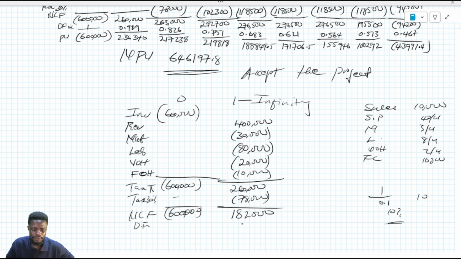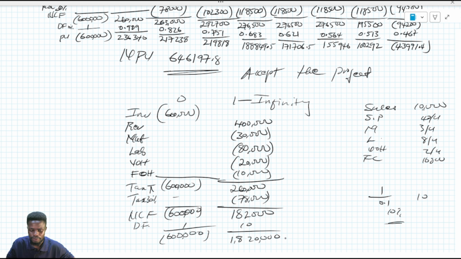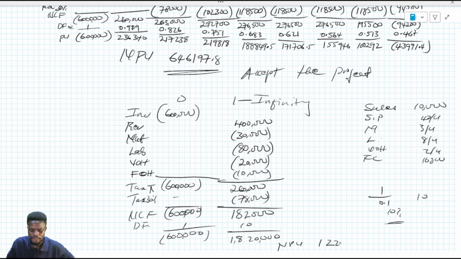So 10 times 182,000 gives you 1,820,000, minus the 600,000 investment. So this gives you NPV of 1,220,000.